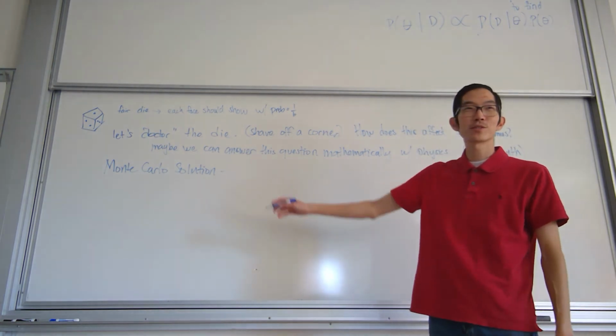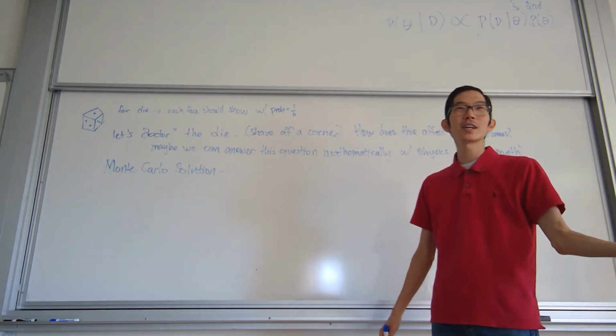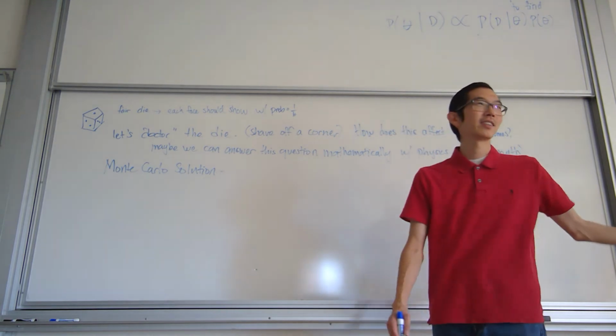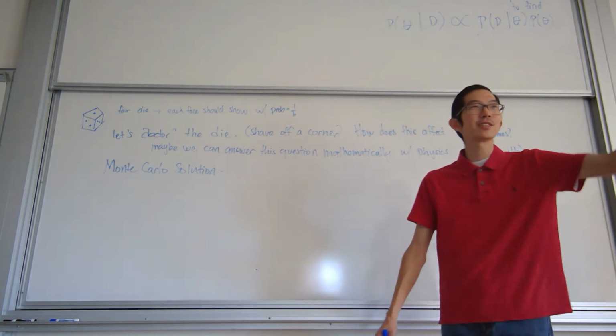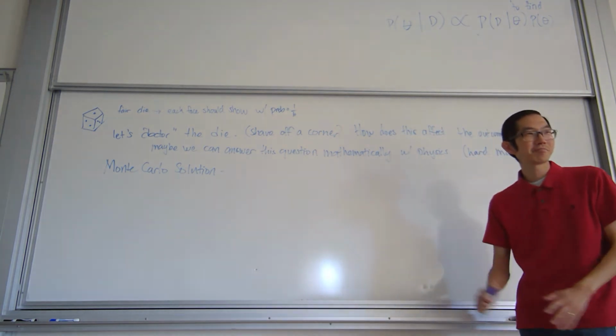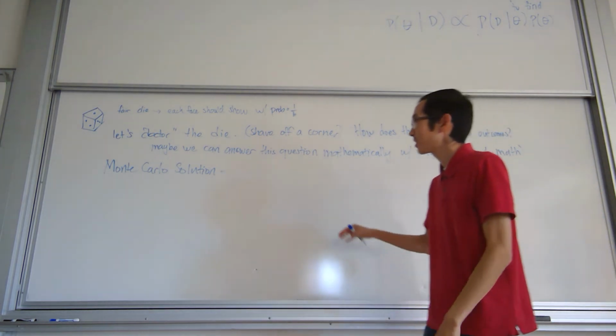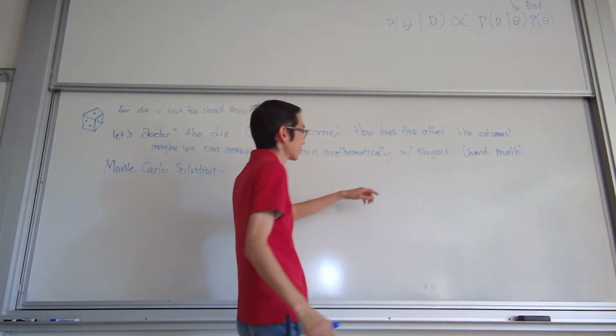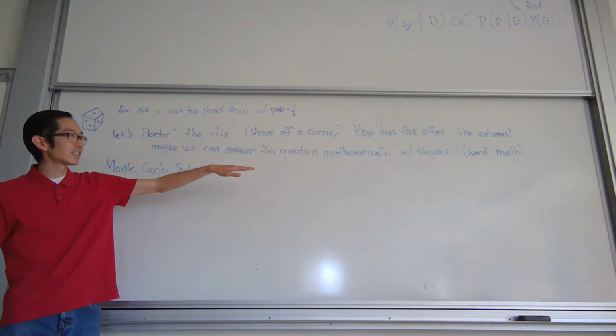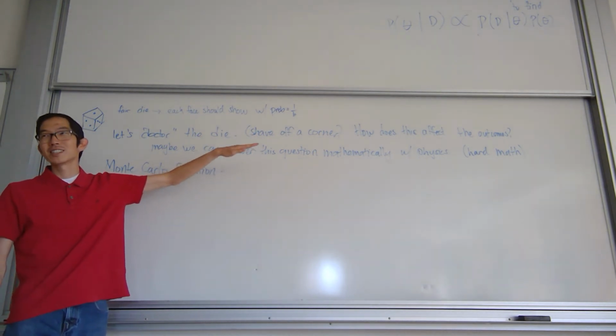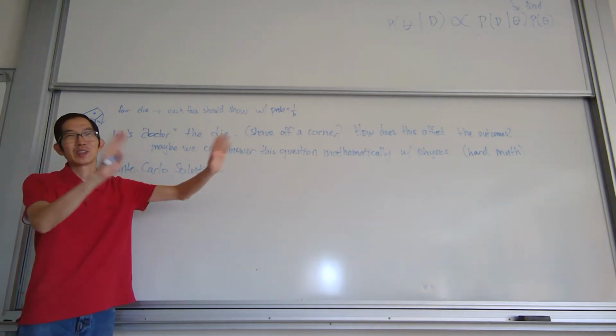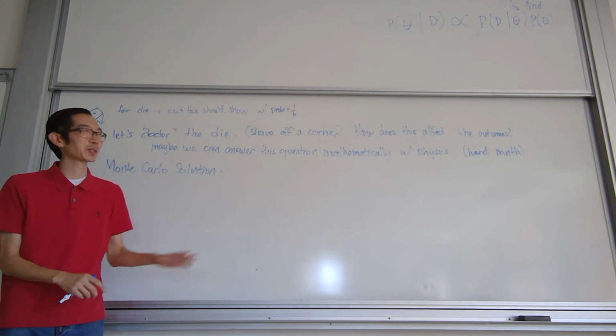So the Monte Carlo solution would say, just give me the die, I'm going to roll it 1,000 times, and I'll tell you your answer. Okay? That's the Monte Carlo solution. So it's the opposite of working smarter. It's just, what is it? Work smarter, not harder?